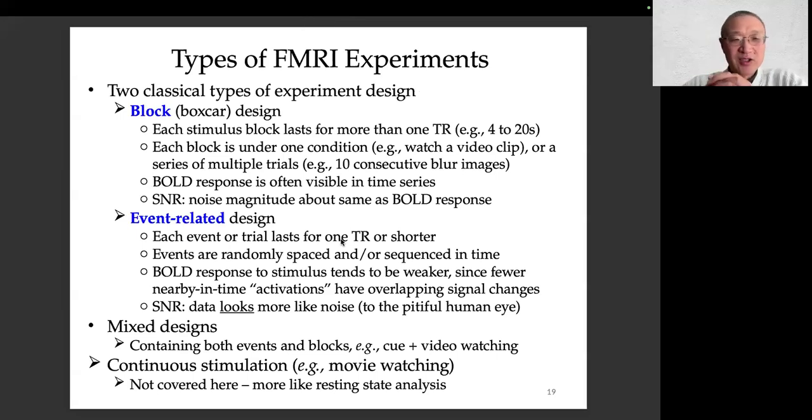This slide is about the difference between block design and event-related design, which I already briefly discussed on the previous slide. So nowadays, we pretty much focus on event-related design, not because of statistical considerations, but more for other perspectives such as avoiding fatigue and avoiding anticipation.